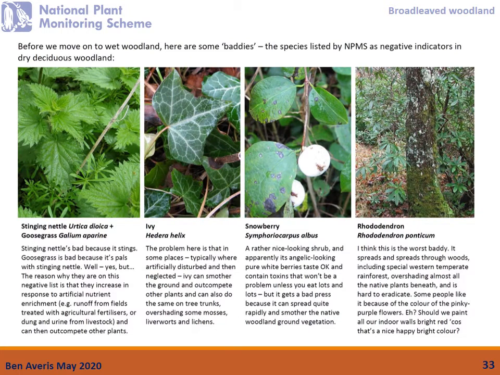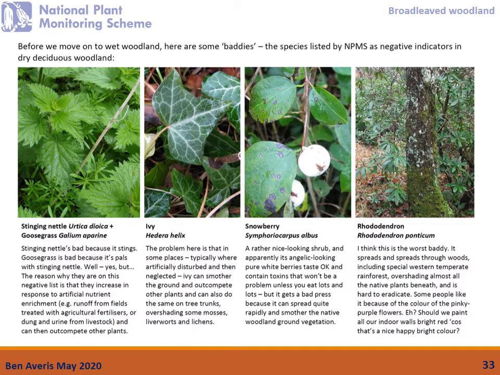Now on this page we've got a selection of species that in NPMS terms haven't got a very good reputation as far as the condition or quality of the woodland is concerned. So they're classed as negative indicators.